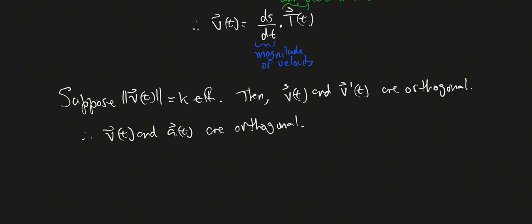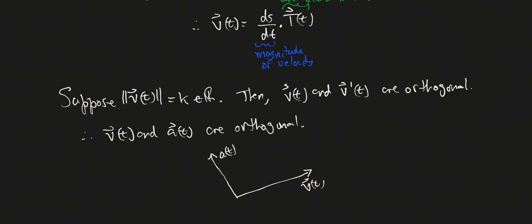So they would look like this. You would have your v, and then you would have your a. In this case, the a would simply be acting in a direction that is normal to, or orthogonal to, v.